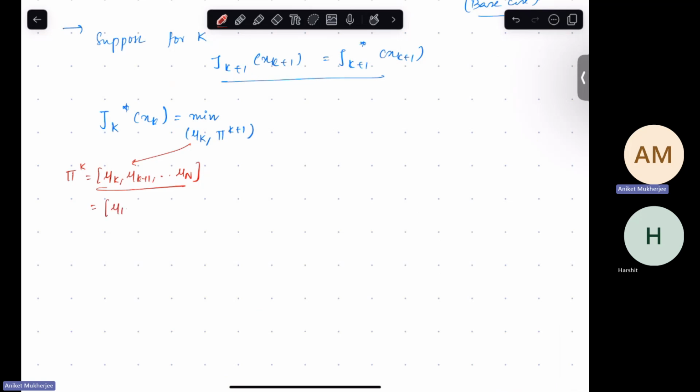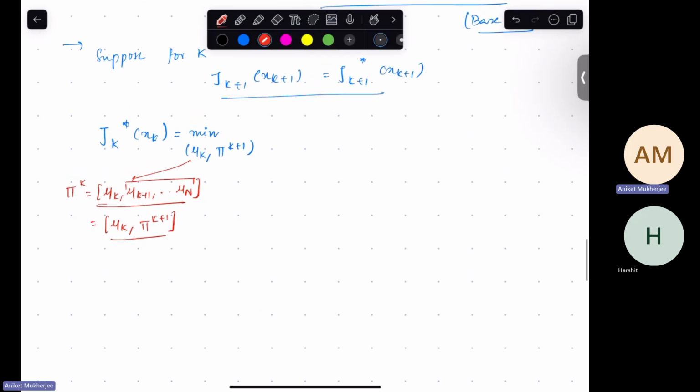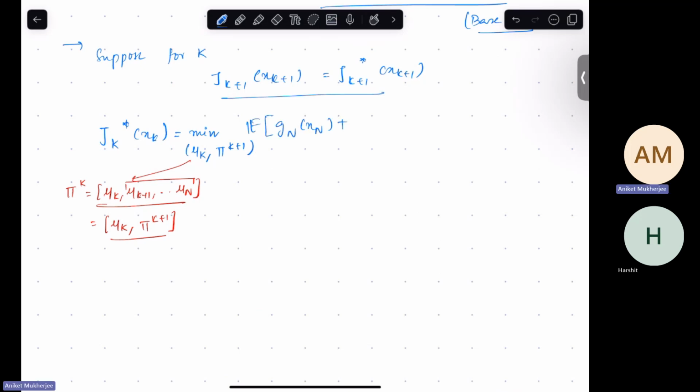I'm writing this as a vector where this is mu k and this vector is pi k plus 1. I'm splitting this vector into two. Now I have the expectation of the terminal cost gn of xn plus the summation for i equal to k to n minus 1 of gi of xi, mu i of xi, wi.